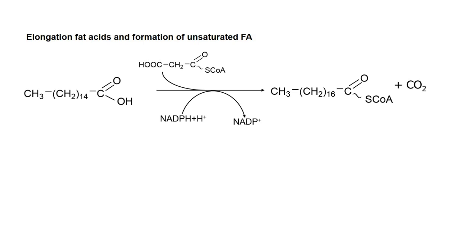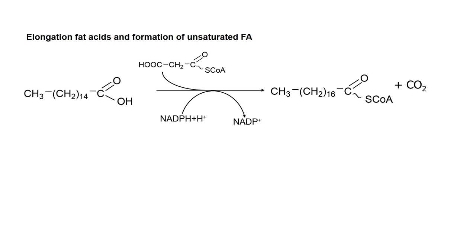One molecule of malonyl coenzyme A is required for this process. The sequence in the elongation reaction is the same as for fatty acid synthesis, but malonyl coenzyme A plays the role of acyl carrier protein.